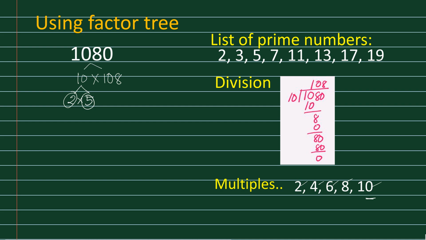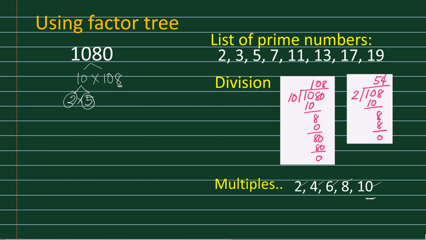So next, we have 108, which ends with 8, so that is divisible by 2. Let's divide that by 2. So dividing 108 by 2 will give us 54. So our factor here is 2 times 54. Now 2 is prime.